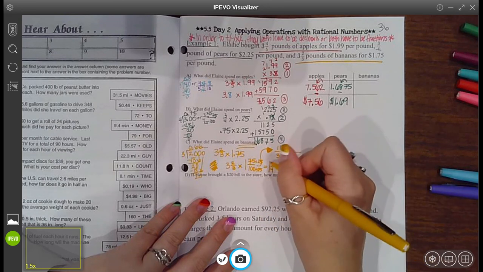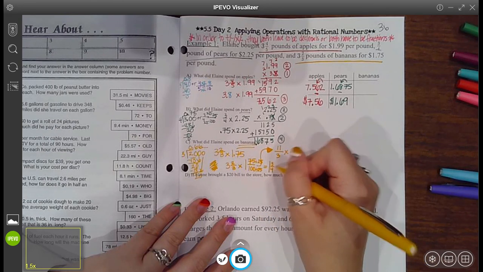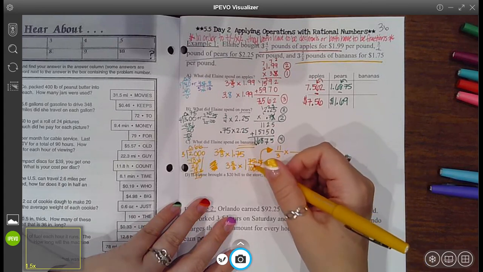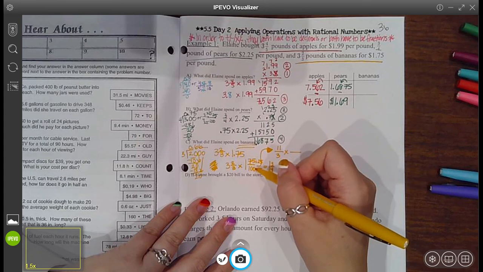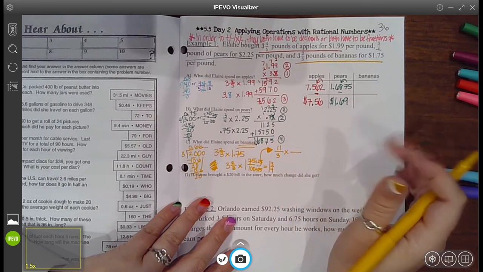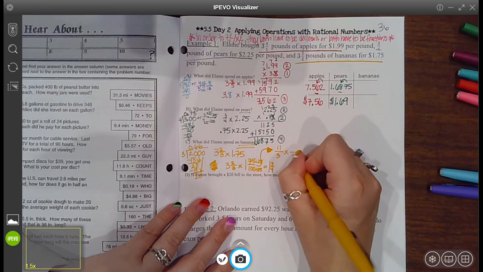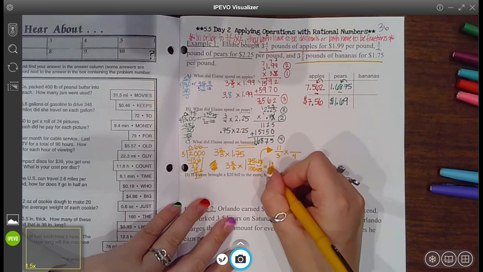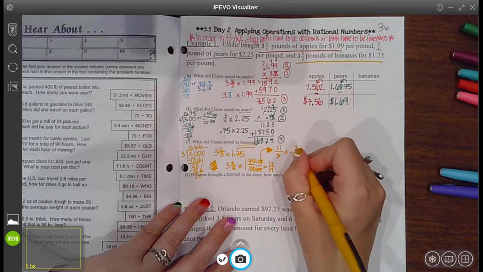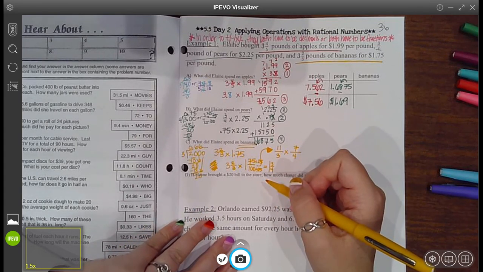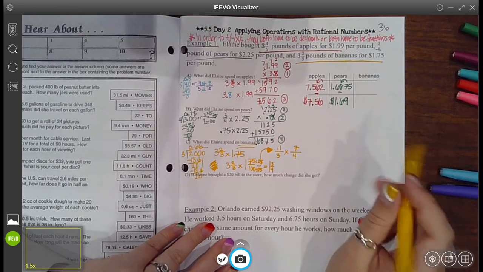Now, isn't 1 and 3/4 so much easier to change to an improper fraction than 1 and 75 hundredths? Because then you would have 175 over 100. That'd just be way too big, right? I like to do this one instead. So let's keep the denominator 4. 4 times 1 is 4, plus 3 is 7. So much nicer than 175 over 100 if I were to have done it the other way.